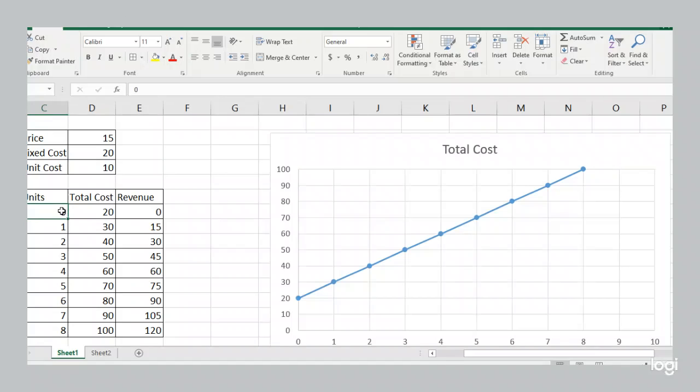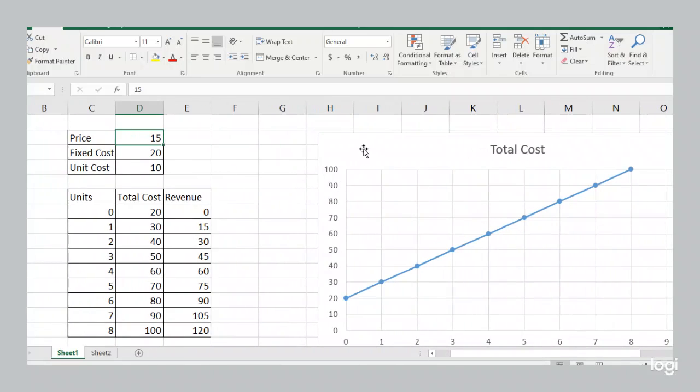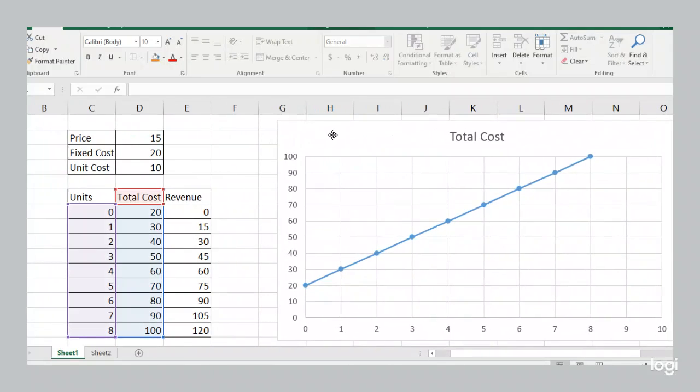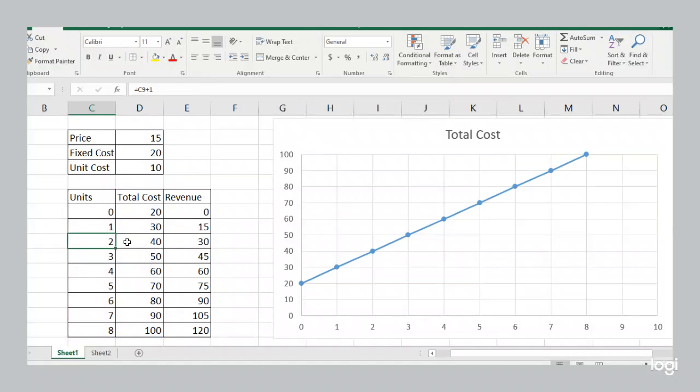If we sell 0, we make 0. If we sell 1, we make 15 because the price is 15. Okay. If we sell 2, we make 30. If we sell 3, we've brought in 45, and so on. Each time it increases by 15.